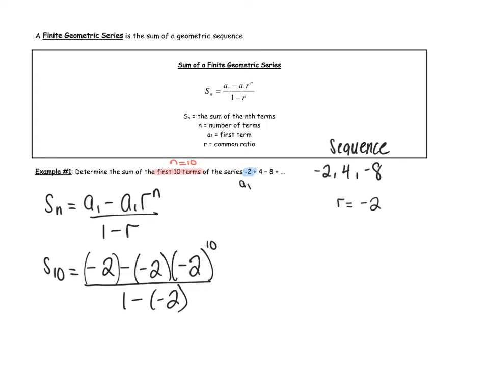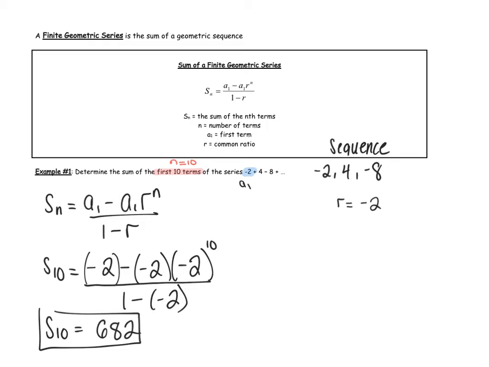But the idea behind this is that if you plug this into the calculator using that alpha y equals button and all the parentheses, it's just a quick and easy plug into the calculator. When you do so, you should get 682. So take a minute, double check and see if you can get that number, and that'll be the sum of the first 10 terms.